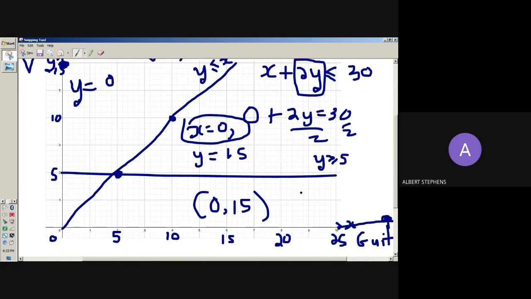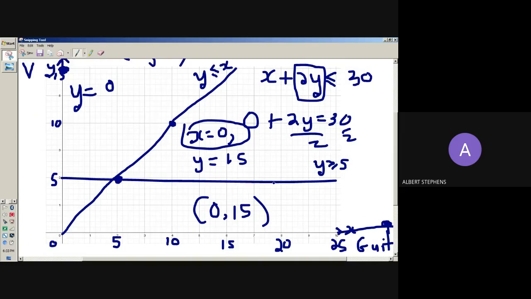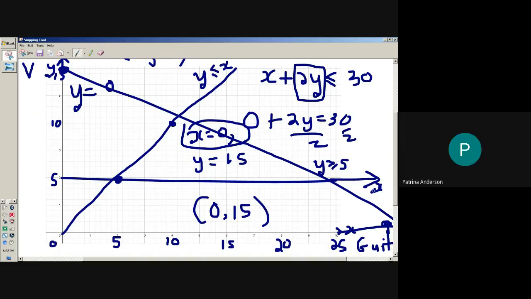All right. So your graph should look something like this. You have to be very accurate here. Anybody following? Sir, I'm kind of confused, except for the last part. You see the 30?